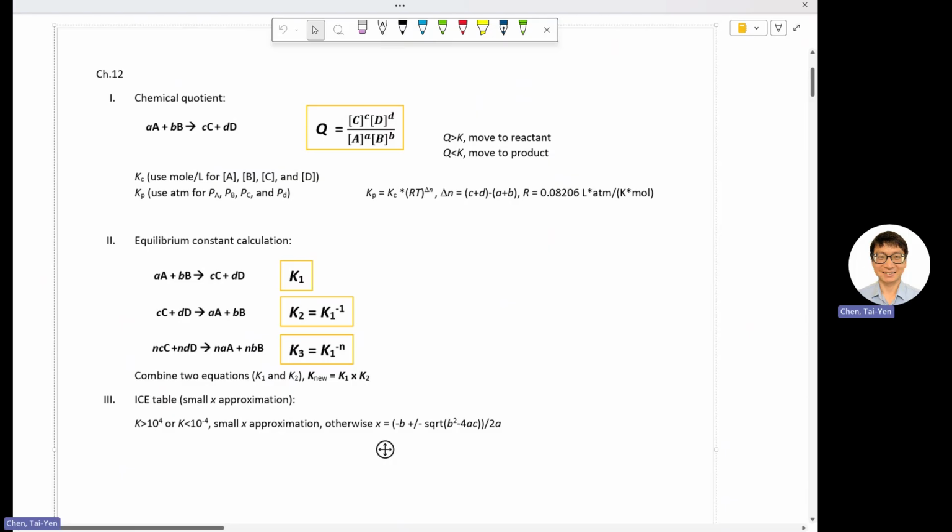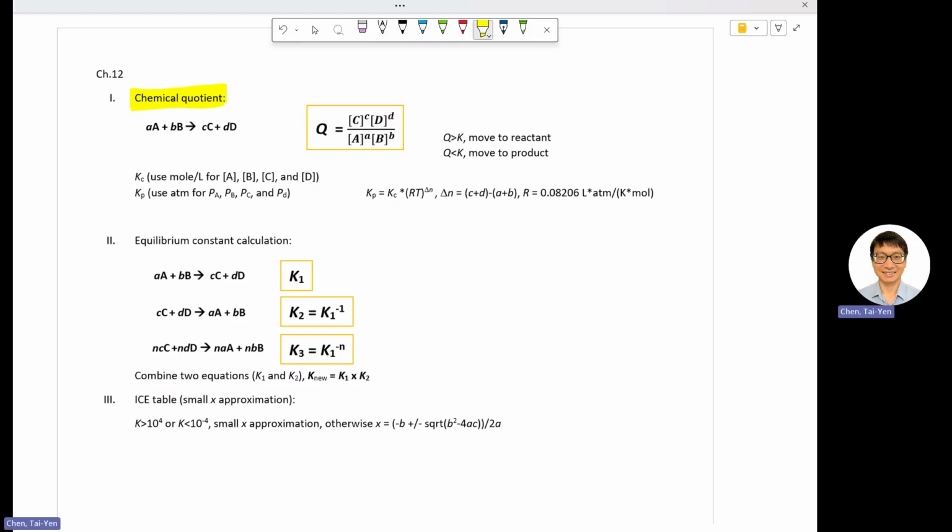So chapter 12, go back to the equilibrium. The first thing I want to teach you is called the chemical quotient. How many of you know what chemical quotient is?